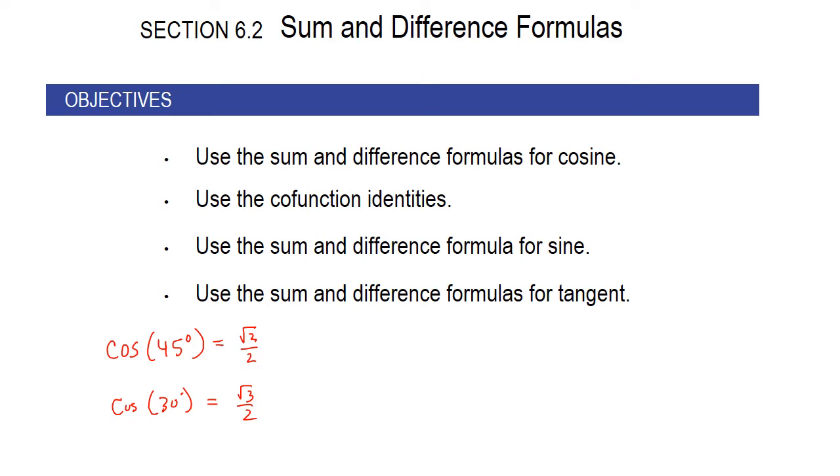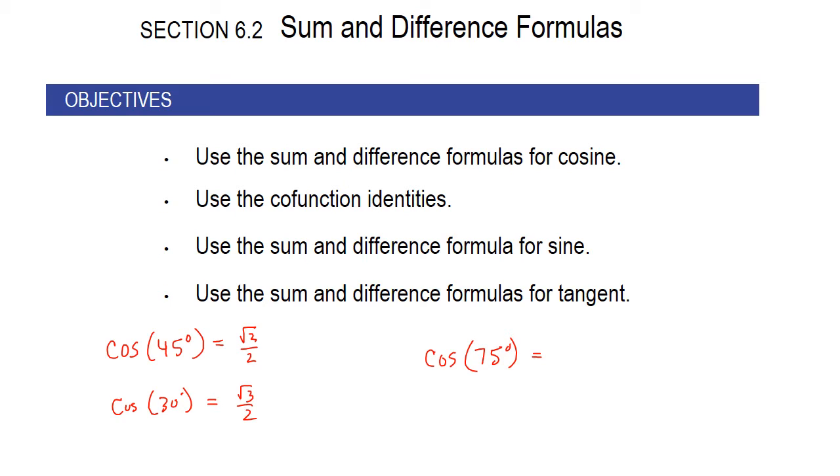The question is, we want to, in a sense, push the envelope. We want to say to ourselves, is there any way to know any more exact values or exact ratios, particularly of cosine maybe, that is not a multiple of 30 or a multiple of 45? For instance, can I somehow get the exact value of cosine of 75 degrees? Is there a way to do that?